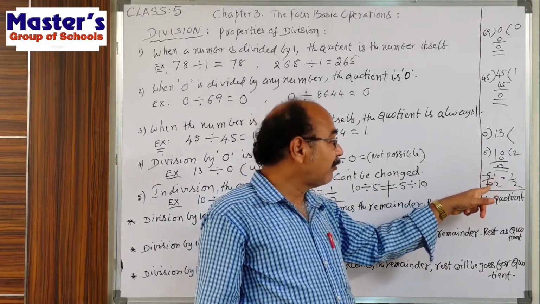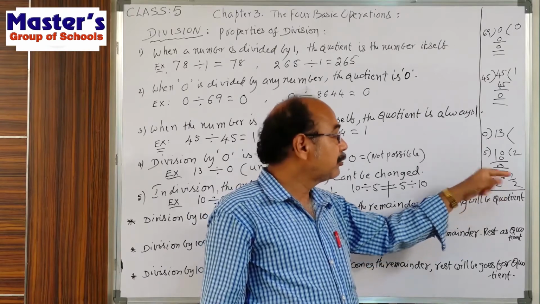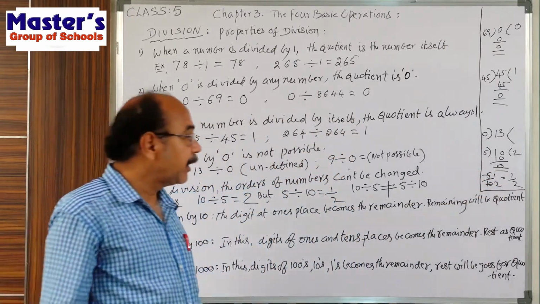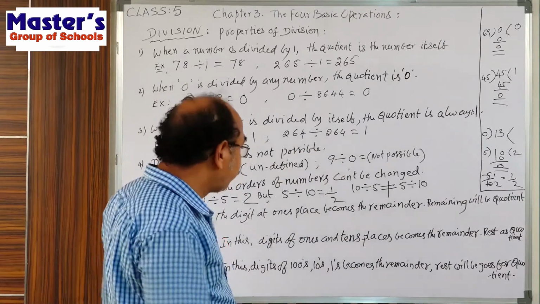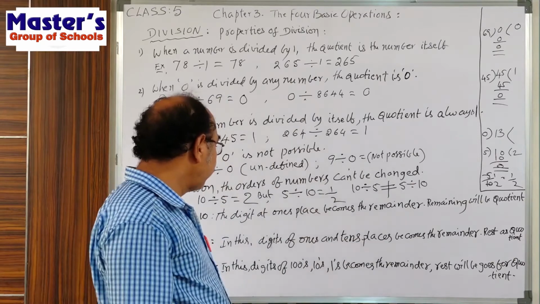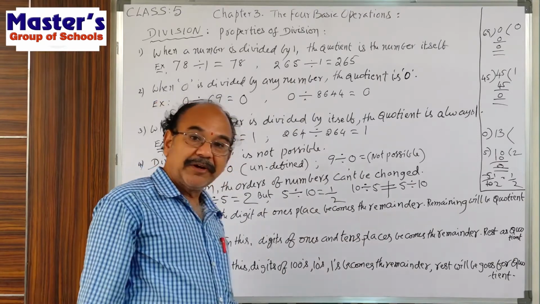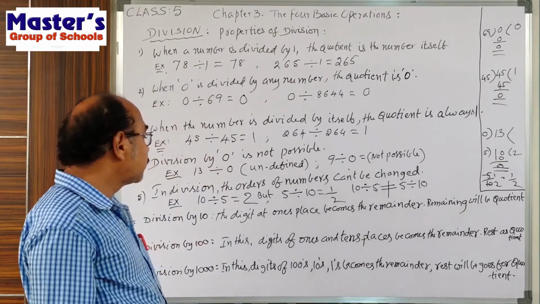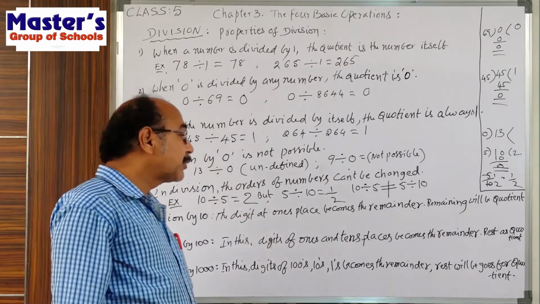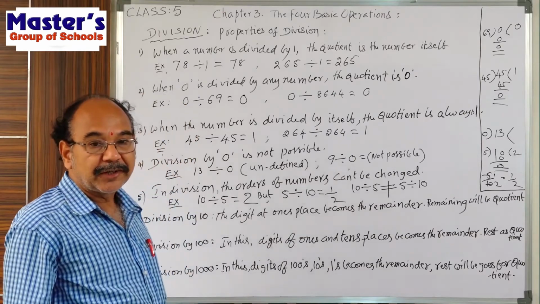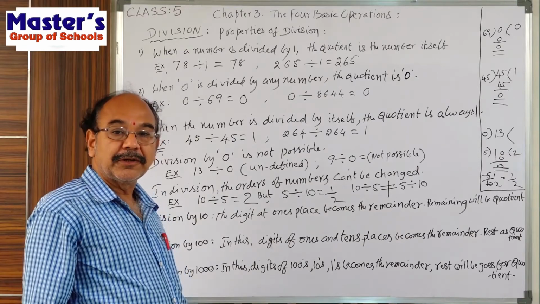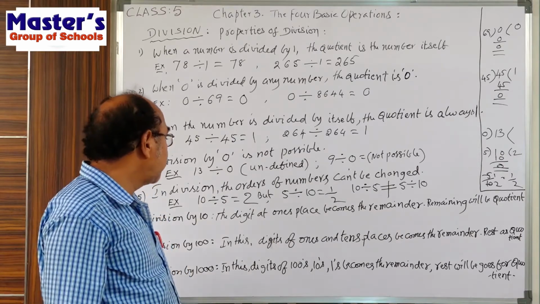So children, here we are getting a different result. That's why 10 divided by 5 is not equal to 5 divided by 10. So from this example we can say that the order of numbers cannot be changed in division.